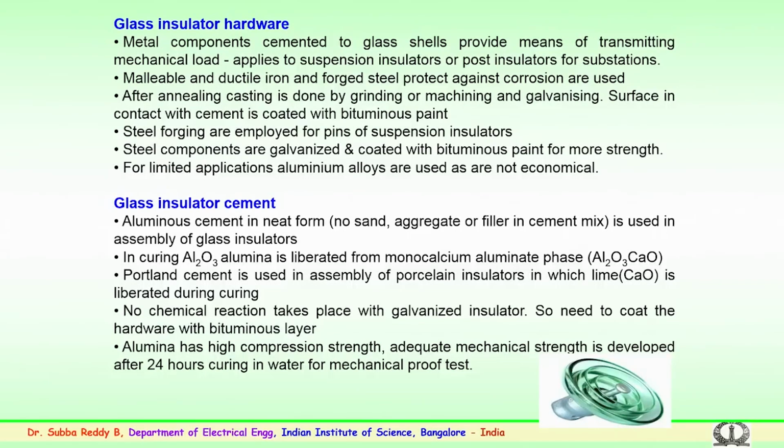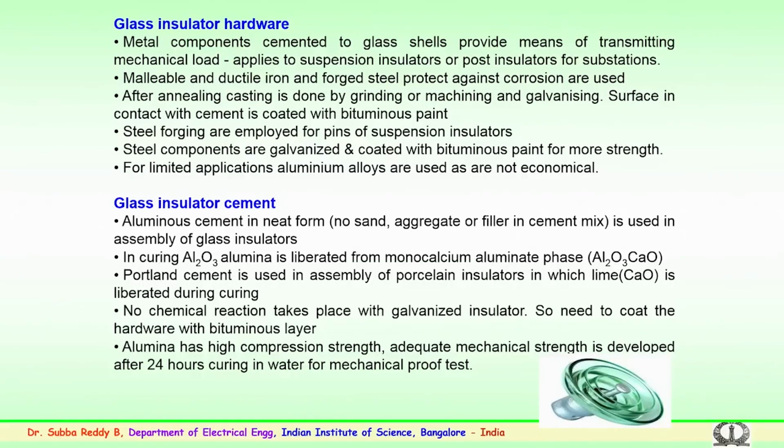This provides a means of transmitting mechanical load, which may apply to suspension insulators, post insulators, or the insulators used in substation equipment production. Usually malleable and ductile iron and forged steel, protected against corrosion, are normally used for the pin and cap hardware.